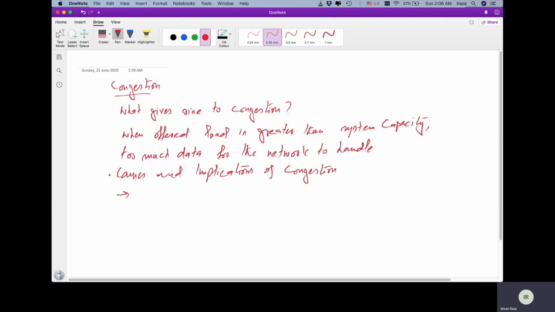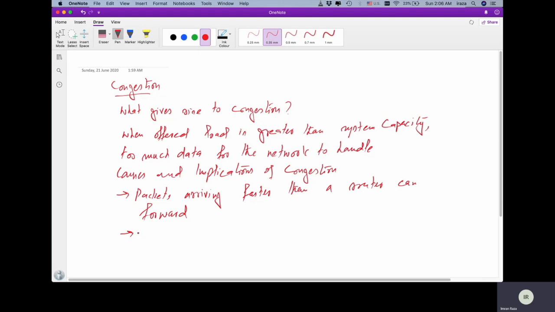One of the causes is packets arriving faster than a router can forward them, right? If a router is not able to forward a packet, why? Because the packet's arrival rate is faster than the processing rate of the router. So what will a router do in this case?